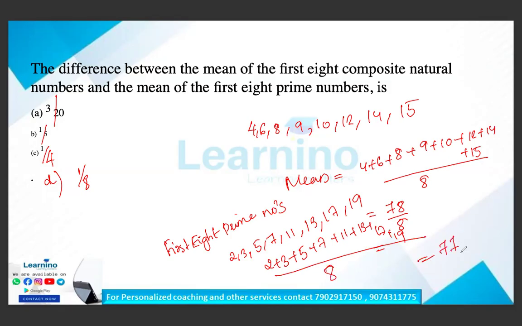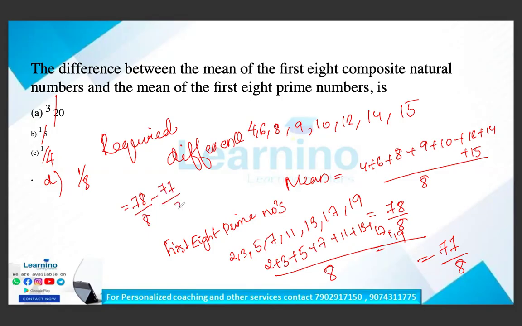Answer will be 77 by 8. Required difference is equal to 78 by 8 minus 77 by 8 equal to 1 by 8. The answer will be 1 by 8.